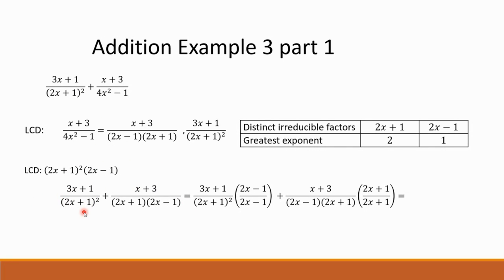For the first one, we have 2x plus 1 squared, so we're missing 2x minus 1. If we multiply the bottom by 2x minus 1, this denominator will become the LCD. But whatever you do to the bottom, you must do to the top. Got to keep it algebraically equivalent.